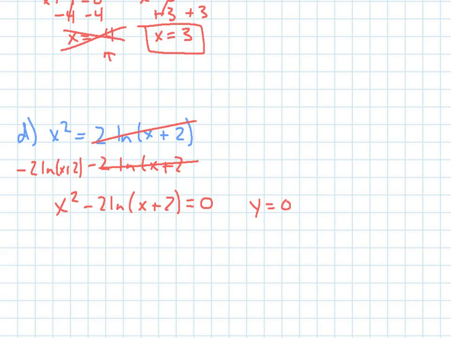You select your two curves at where you think that there's a solution, and it comes up with one of your solutions. So one solution, let's say we round to the nearest hundredth here, is negative 0.71. Okay, and let's do the other one.